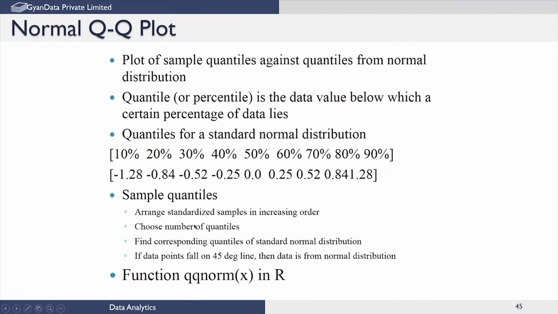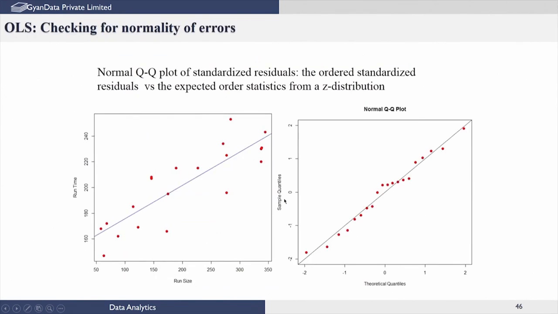So, we have seen this before, I have just recapped this, and we can use what is called the qqnorm function in R to actually do it. If you give the data set X and ask it to do a probability plot, qqnorm will do this for you directly in R. So, this is a sample QQ plot I have taken for some arbitrary random data set, samples drawn from the standard normal distribution, and you can see that if you do the normal QQ plot for the residuals after fitting the regression line, it seems to closely follow the 45-degree line.